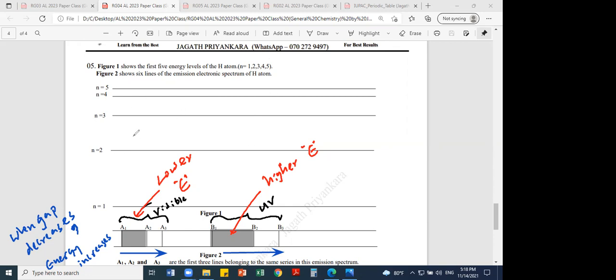Yes? Any volunteers? You can draw a line from the upper level to what? Visible means what? Balmer means what? Falling of electron transition from higher level to the second level. Three lines you have to draw. Or shall I draw this? Okay, very good.